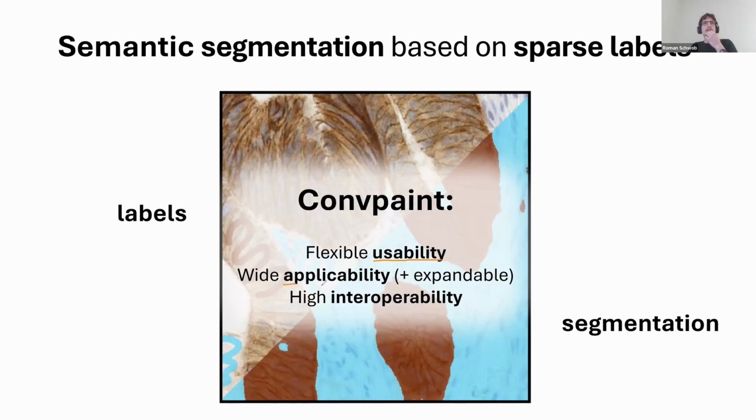Then it's widely applicable because you can also change the ways of extracting features. You can apply it to totally different domains of images as well. And because it's written in a Python framework, it's highly interoperable.